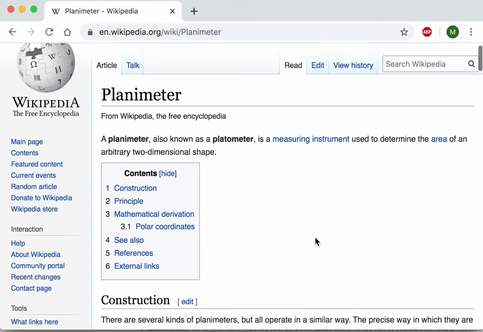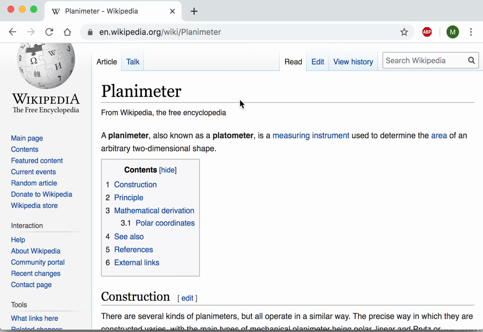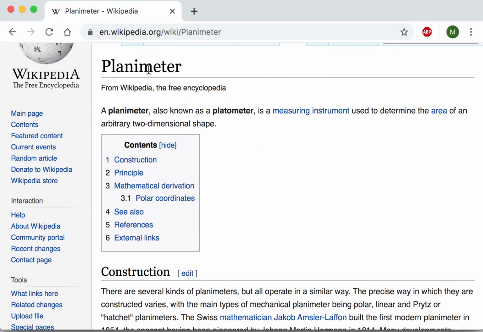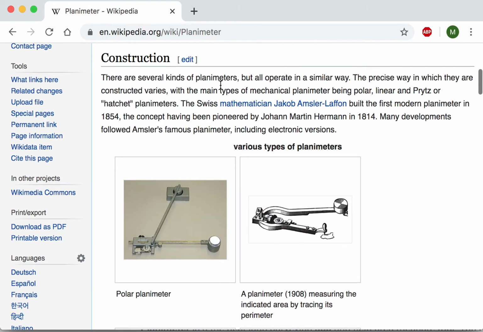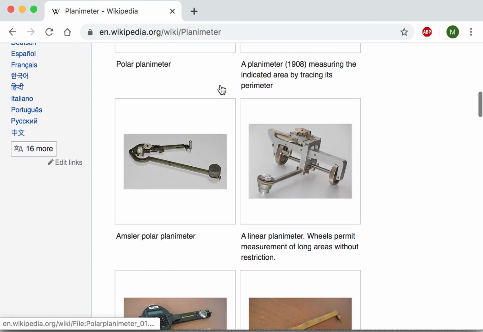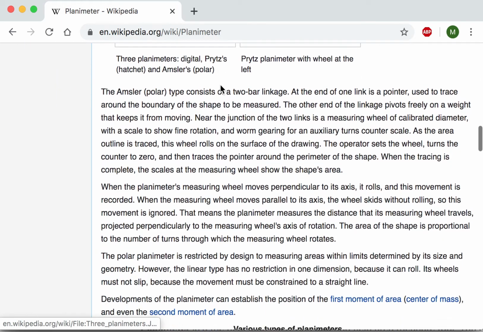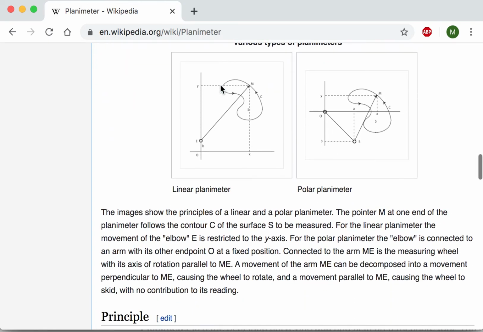Now, again, why this relates to what we're doing now is if you actually look up one of these objects and try to figure out how the hell does that work, right? You trace the little curve that goes around the outside, and then it spits out the area magically somehow.